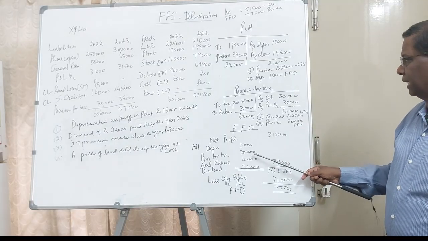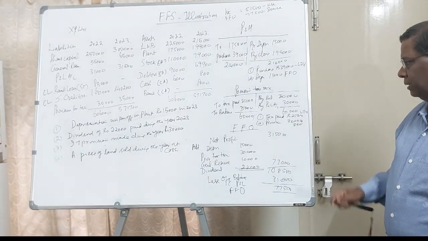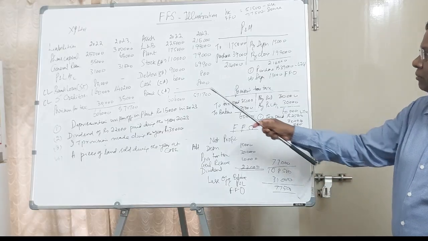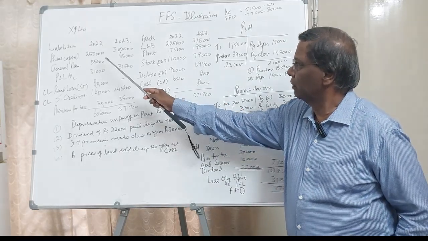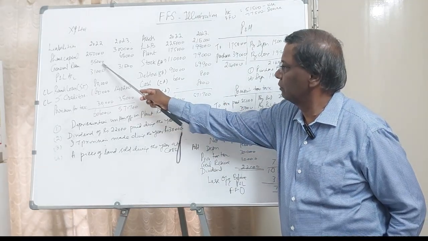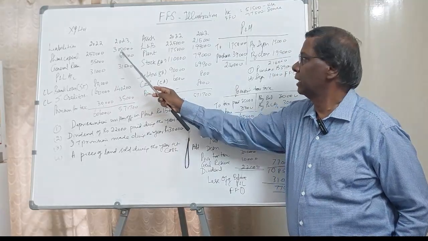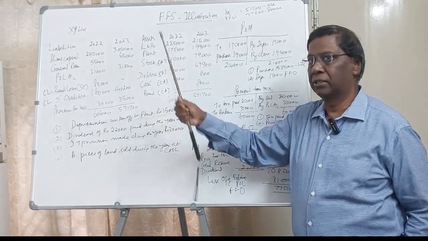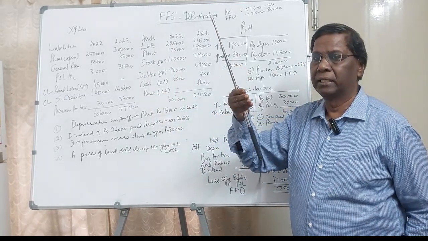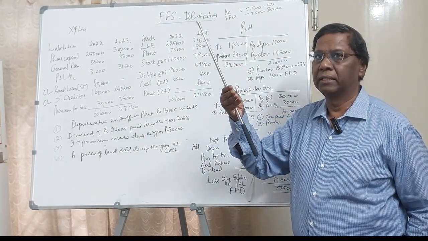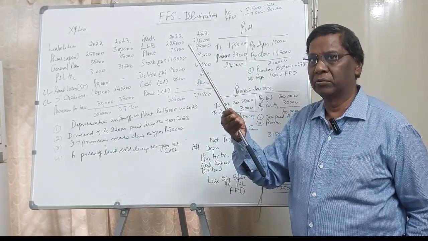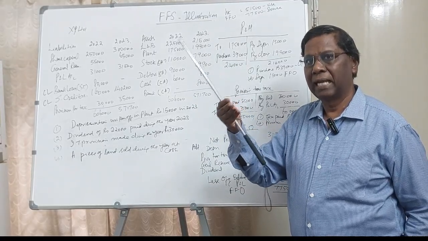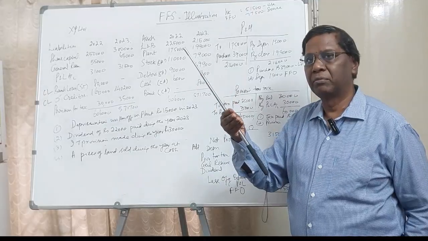Then the provision for tax 30,000, you have to add back. Then the general reserve. They have made an additional transfer here. Opening is 50,000, whereas now it is 65,000. So they have increased it by 10,000. They have transferred 10,000 as an entry from the profit and loss account to general reserve. It is a non-cash item, but we have reduced the net profit.